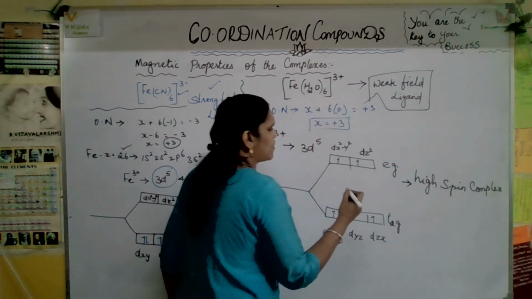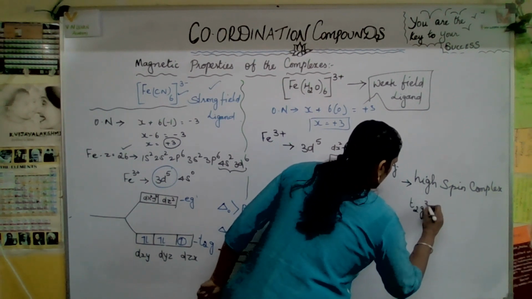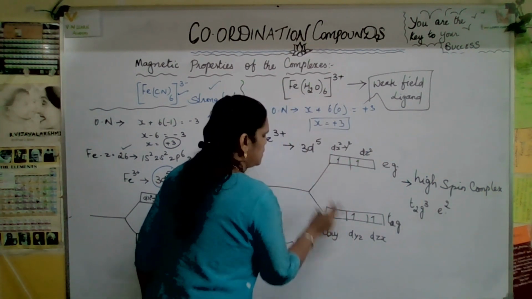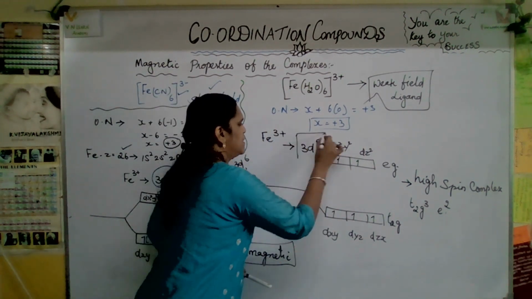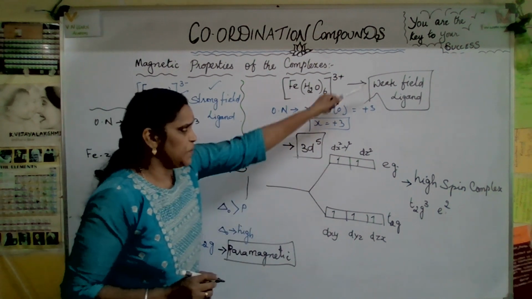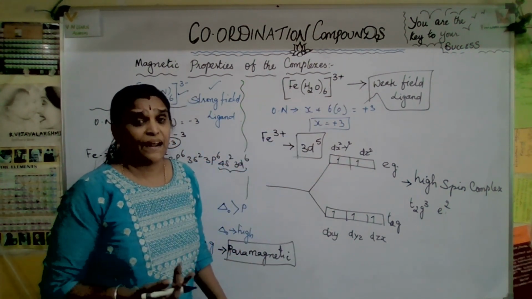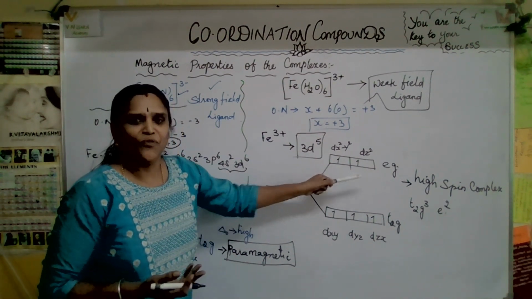Okay, now what is the electronic configuration? t2g3 and eg2, right? t2g3, eg2, because it is 5 electrons in the d orbitals. Because it is a weak field ligand, how many unpaired electrons? Where there are more unpaired electrons, weak field ligand only.